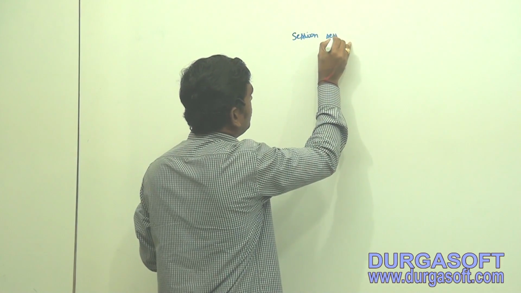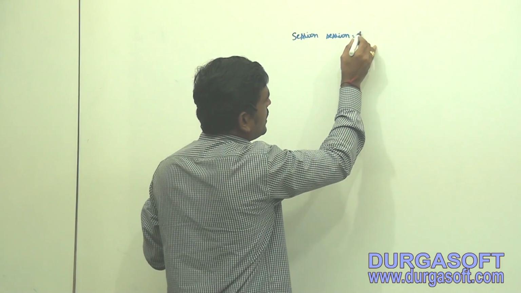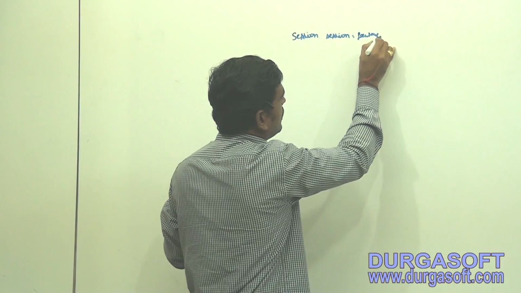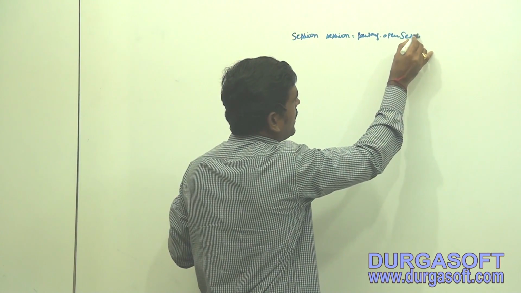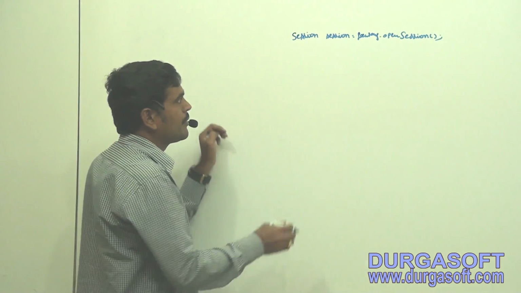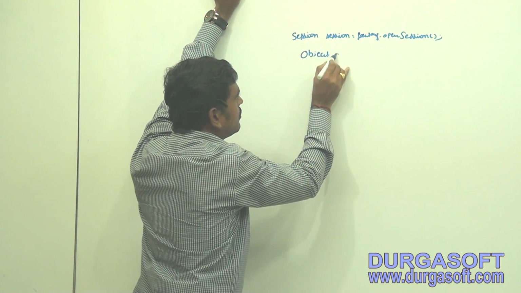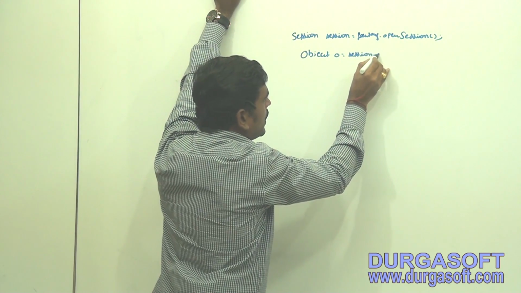Session is equal to factory dot open session. The next after that, object o is equal to session dot get method.